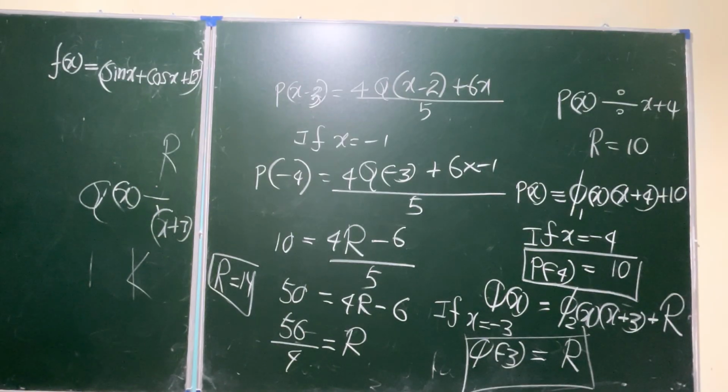Find the maximum and the minimum sum of the function of x. That is, find the maximum of f(x) and the minimum.